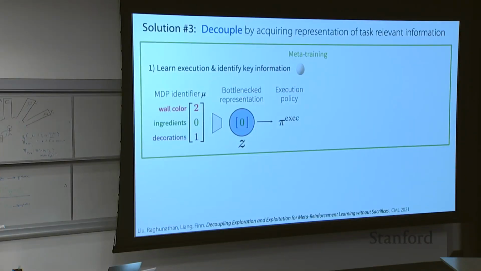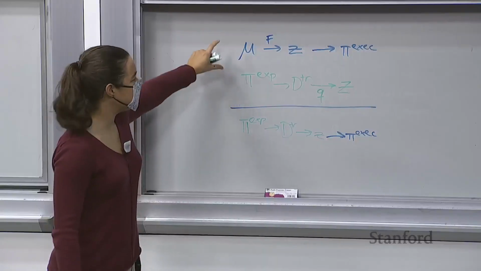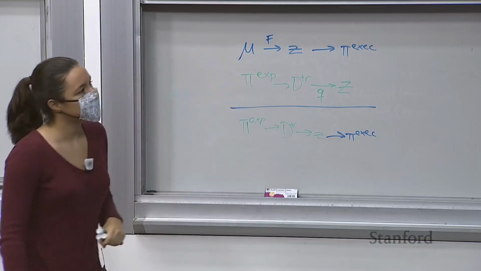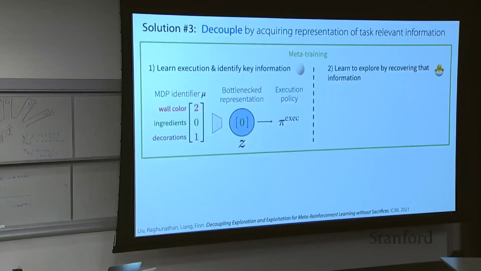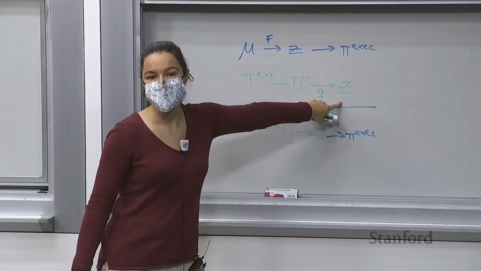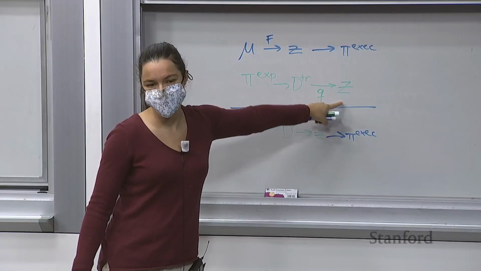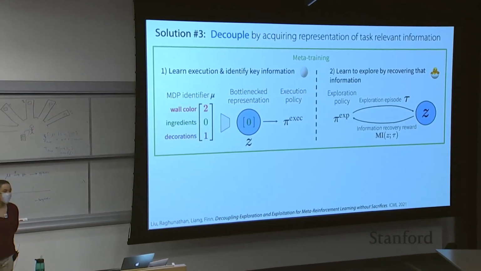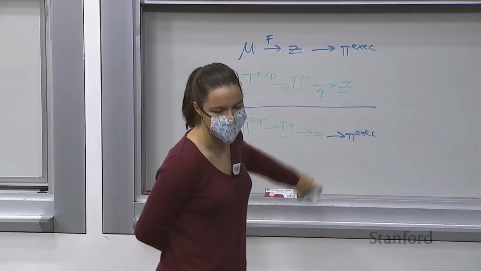It could also be some other descriptive information about the environment. And this is just doing standard one-hot conditioned reinforcement learning. Then for the second stage, we're going to learn how to explore by trying to recover and be able to predict our z, our task representation. This will be trying to train an exploration policy that collects data that allows you to predict what the task variable is.